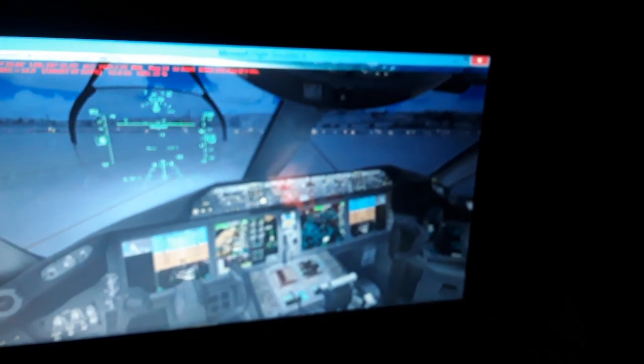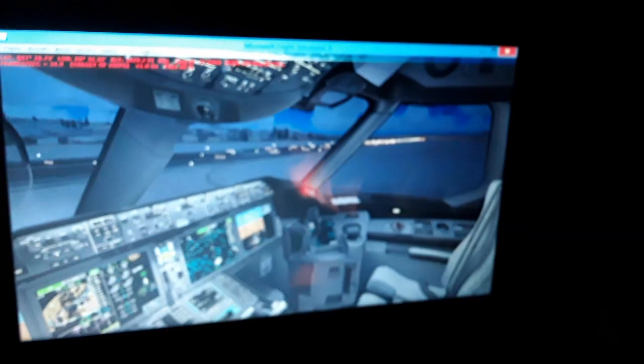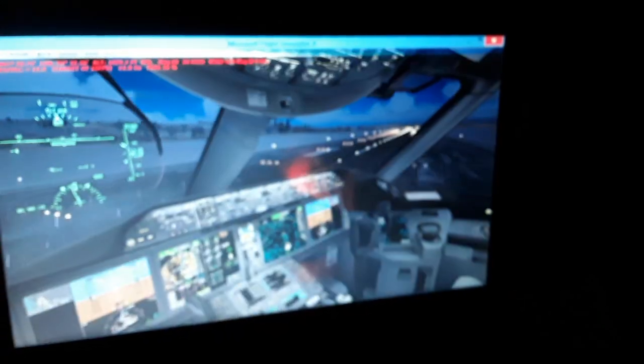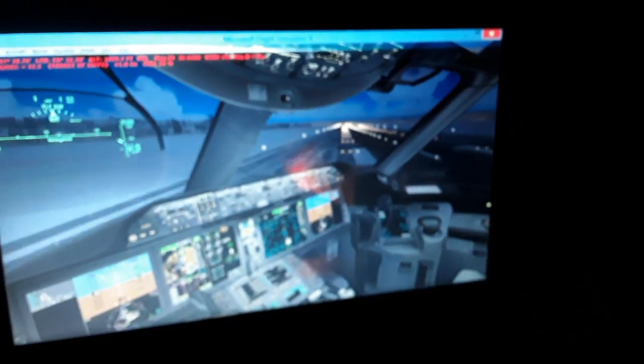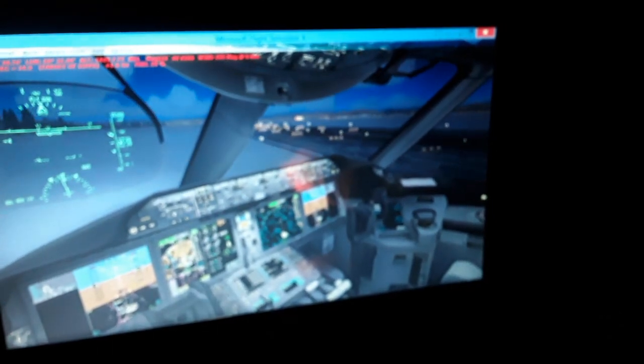So we taxi into the runway. Use also the tiller here. Do some braking here and align with the runway.